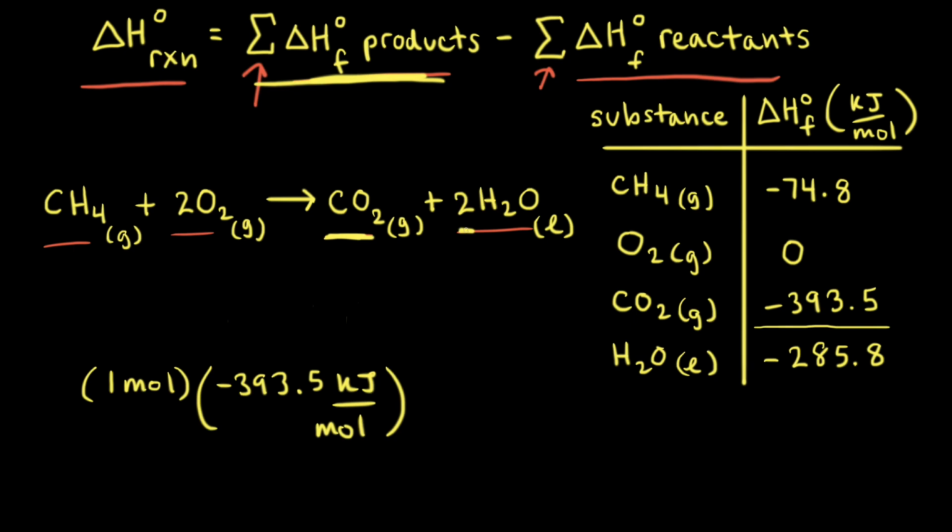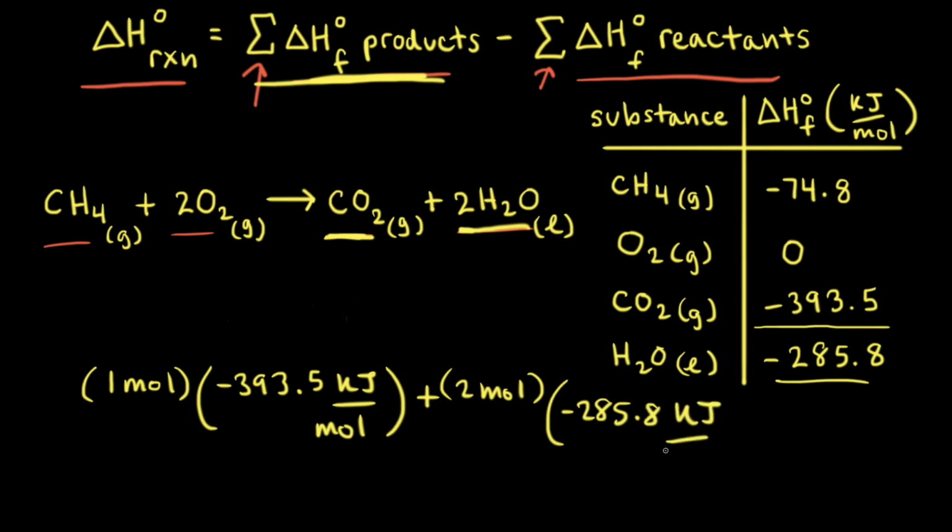Our other product is 2 moles of water. So we're going to add this to the other ones. We have 2 moles of H2O, and the standard enthalpy of formation of H2O is negative 285.8. So we're going to multiply this by negative 285.8 kilojoules per mole. So moles cancel out, and we get negative 393.5 kilojoules.